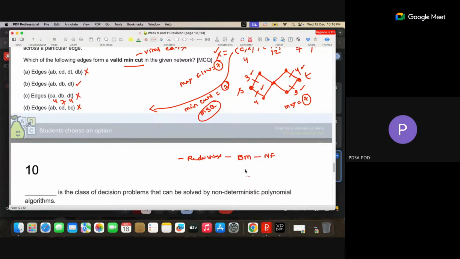There is a problem A, and inside it we have a problem B. To solve problem A, we take the help of problem B, so the bipartite matching problem is reduced to network flow. The input received from problem A is converted into problem B input, and the output received from problem B is converted into the output of problem A. There is a pre-processing step and a post-processing step.